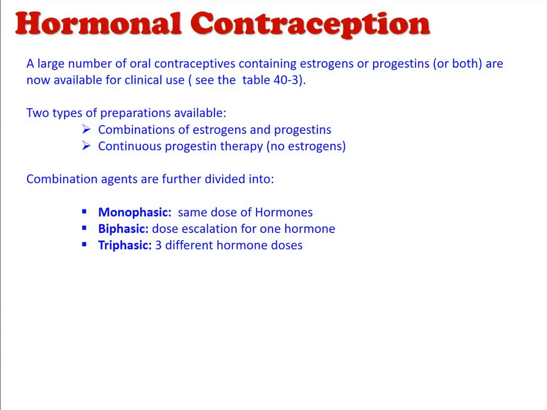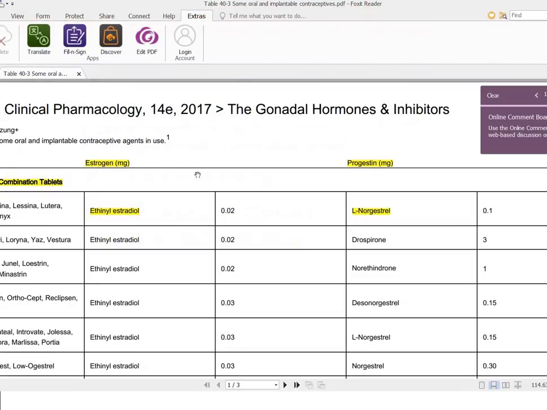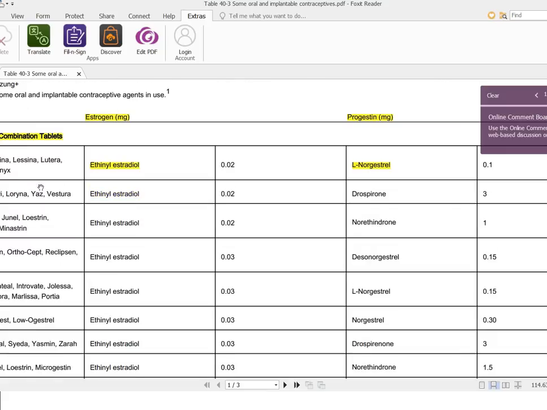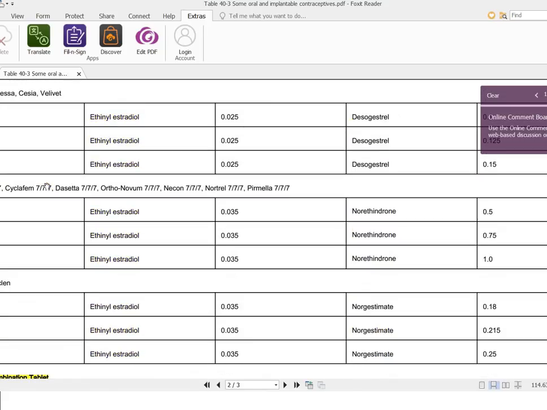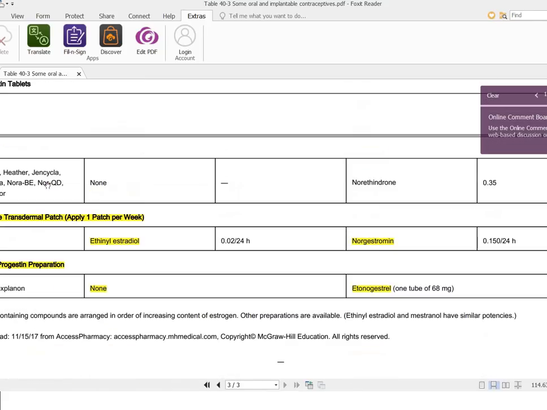This video explains this table, which is the gonadal hormone inhibitors, like these monophasic combination, biphasic, triphasic, four phases, or what are different contraceptives available for the treatment. So I highly recommend watching that video that I showed a second earlier. That'll help you to really understand how you can go through this table and what you need to remember.